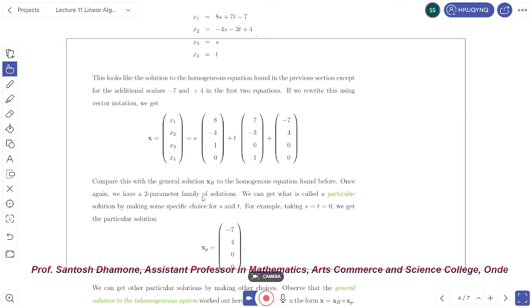The general solution to Ax equal to y can be written as xp plus xh, where xh denotes the general solution to the homogeneous system. Okay, this is the theorem.